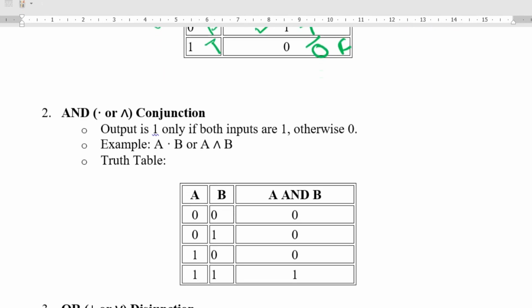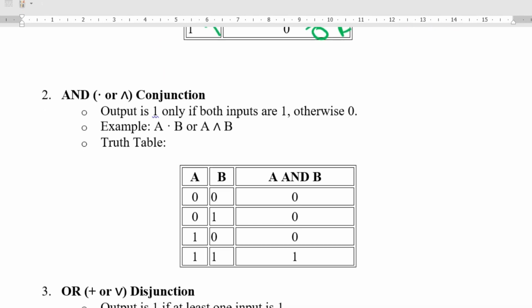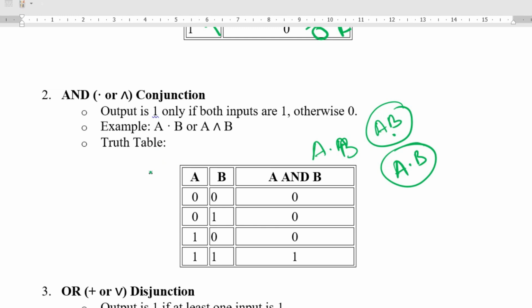Next we have the AND operation, or conjunction. We represent it by the dot symbol, and normally most of the time we simply write AB, omitting the dot sign, but in general we write it as A dot B. Let's understand the truth table for this AND operation.